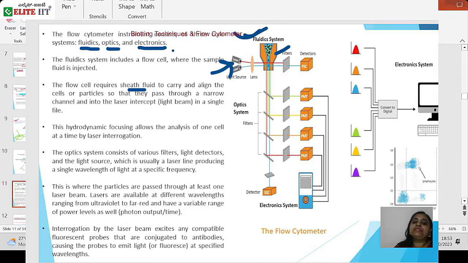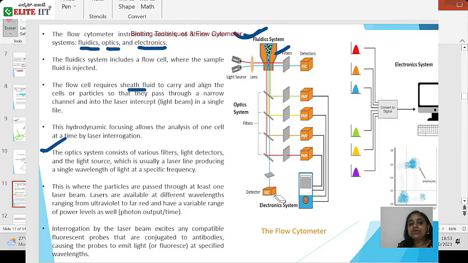Here the laser beam is not drawn, they have only added the instrument parts. The optic system consists of various filters, light detectors, and a light source, which is usually a laser line. So laser light plus different light filters plus detectors together you can consider as the optic system.